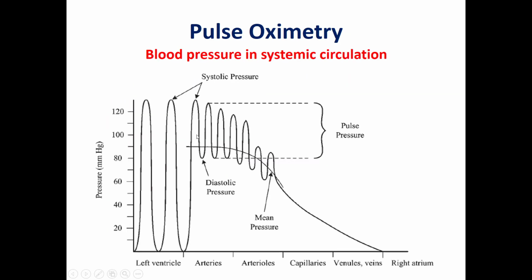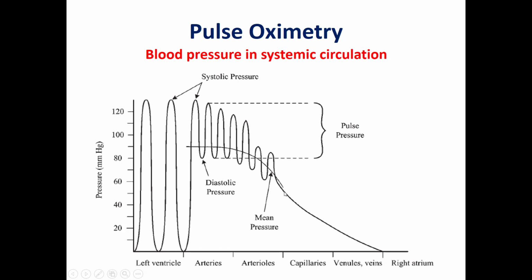As we saw before, this diagram shows the pulsation of the blood pressure on the arterial side in the systemic circulation, whereas from the capillaries and the venous side, all the rest of the blood pressure is only a mean pressure, which means hydrostatic without pulsation.